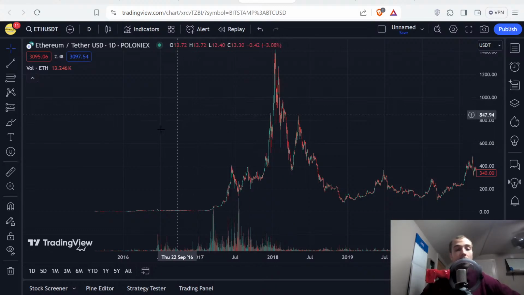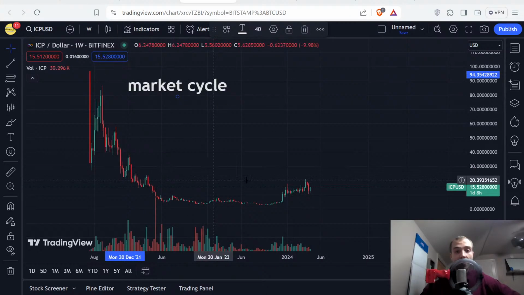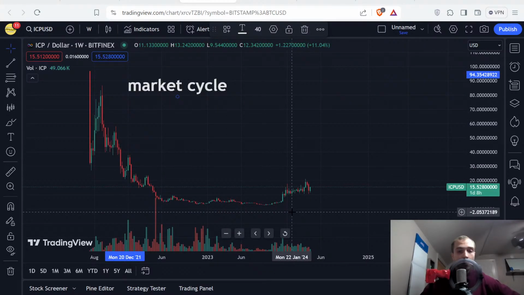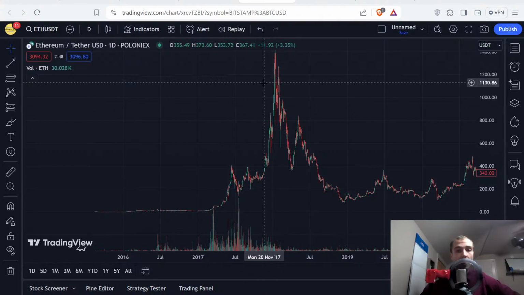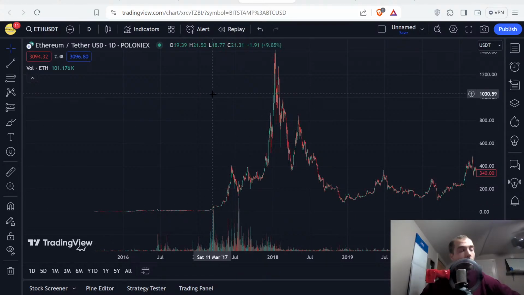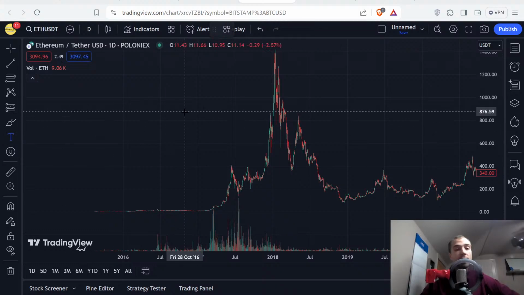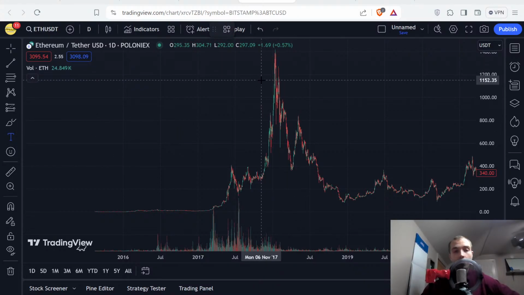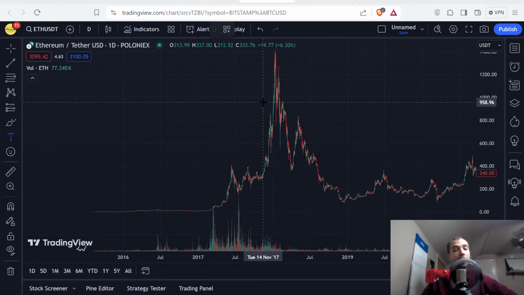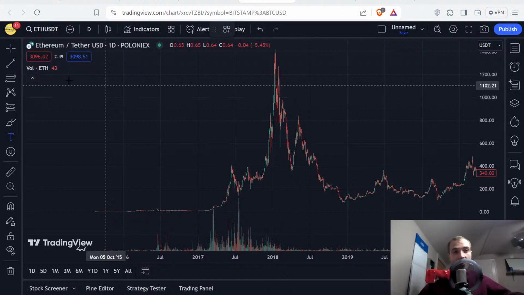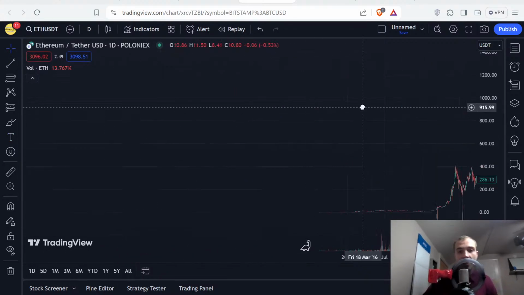And with ICP, people will panic sell down here because they don't understand cycles, when really it's set up to do a full-blown bull market. And who knows how high it's going to go, right? Exactly how high, who knows? But I can tell you that ICP is ready for a big picture bull market, and it's going to go crazy, you guys. Look at this.